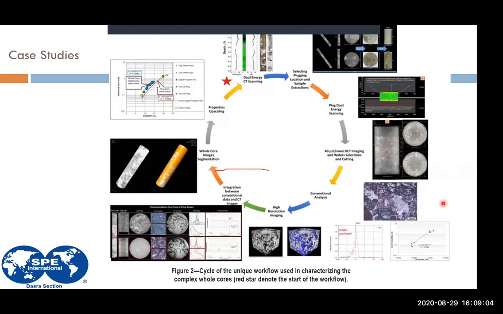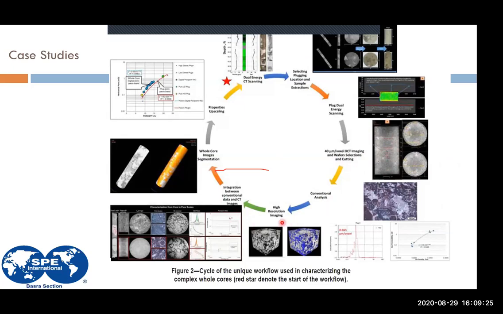It's possible to perform different conventional analyses based on the selection of the wafer from the previous step. So you just need to cut a small part of your plug, or if necessary, of course, cut inside your plug, but this is the main idea. You can select some regions to perform this conventional analysis.